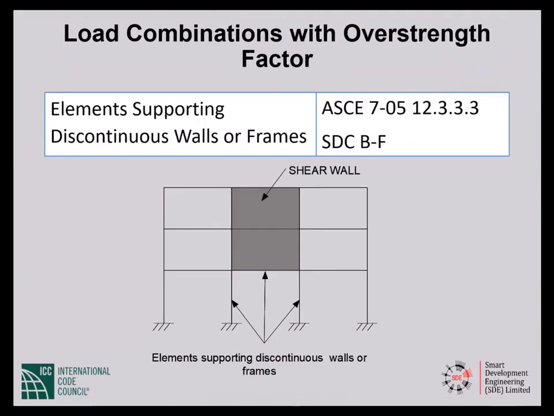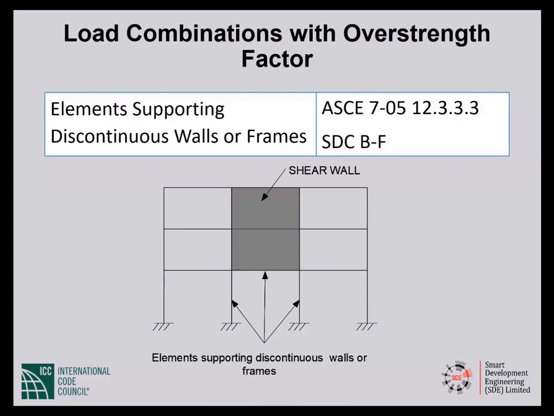The second is much more important. These things are everywhere. Elements supporting discontinuous walls or frames. Thousands of residential buildings where people park their cars underneath the apartment building, all of them have columns supporting walls.